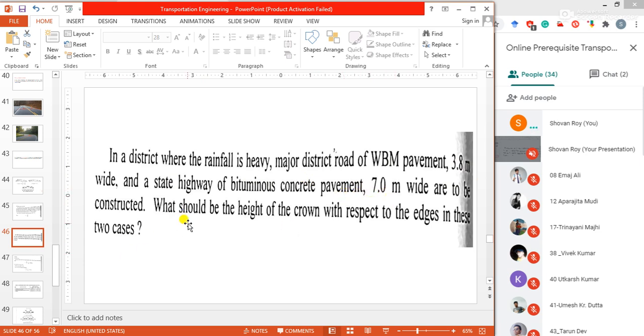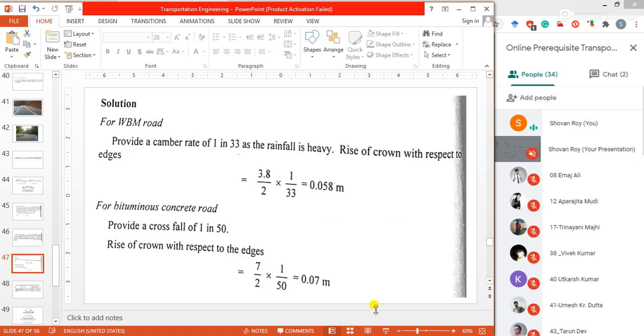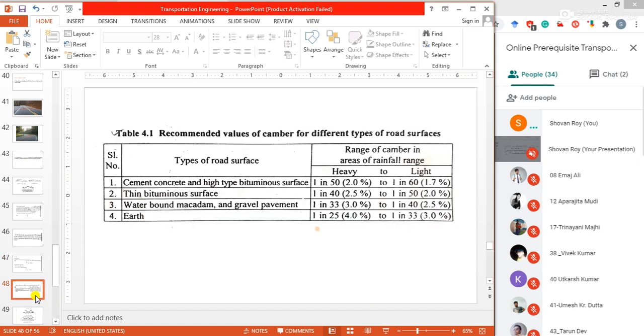As an engineer, what should be the height of the crown, or this vertical elevation, with respect to the edges in these two cases? This solution is for the WBM road case. From this figure we have two cases: one for waterbound macadam road and another for bituminous road.